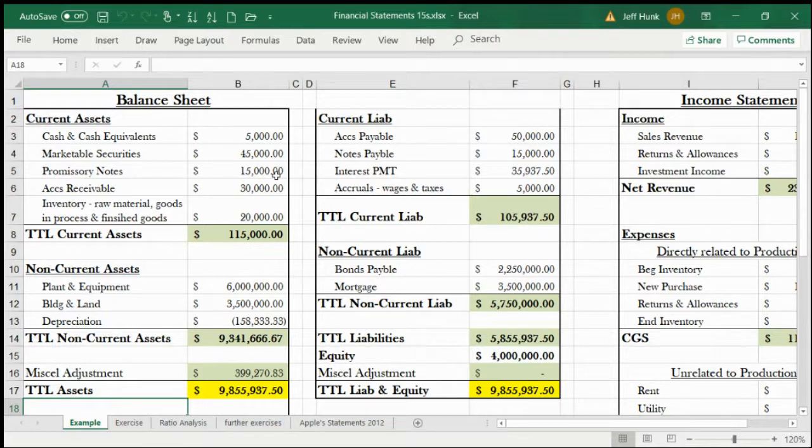So the promissory notes and accounts receivable can both be discounted. In other words, if you are holding a promissory note or invoice that matures in 60 days, you don't have to hold it until maturity.